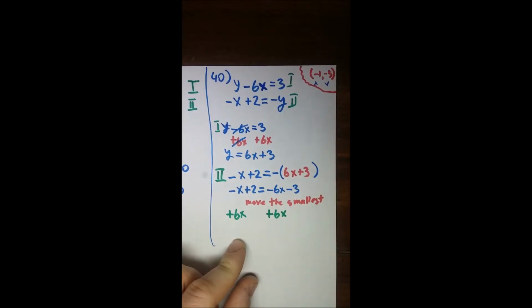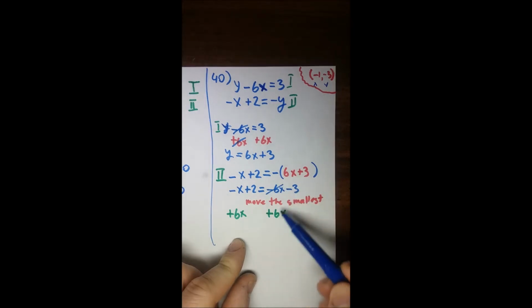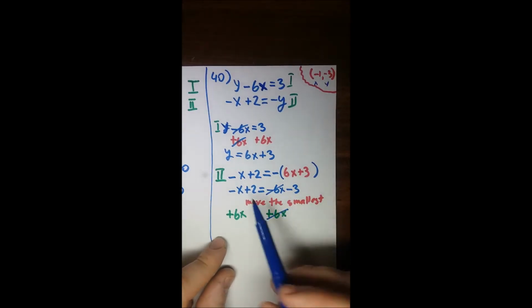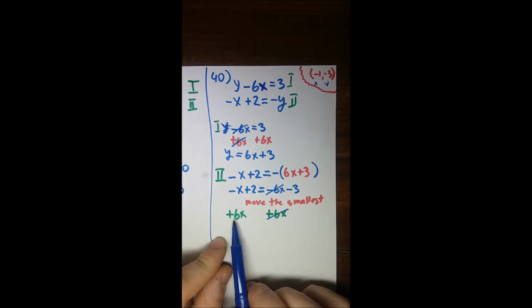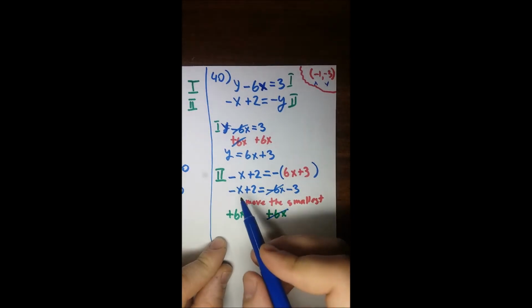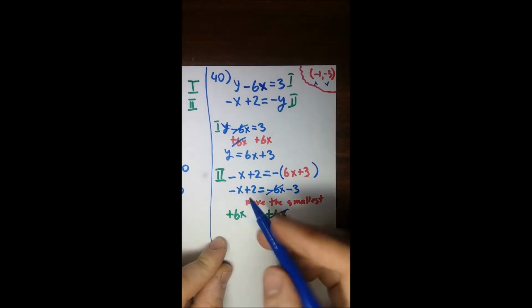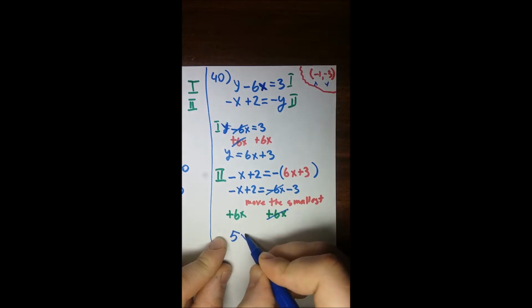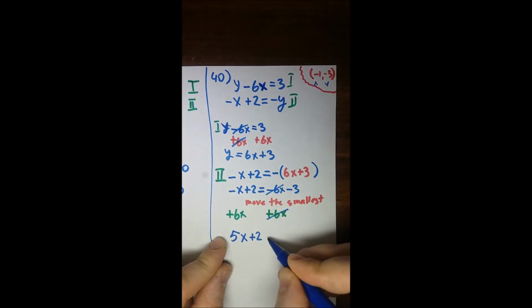Negative 6x and positive 6x cancel. So negative x plus 6x, think about it as positive $6 minus $1 is 5x plus 2 equals negative 3.